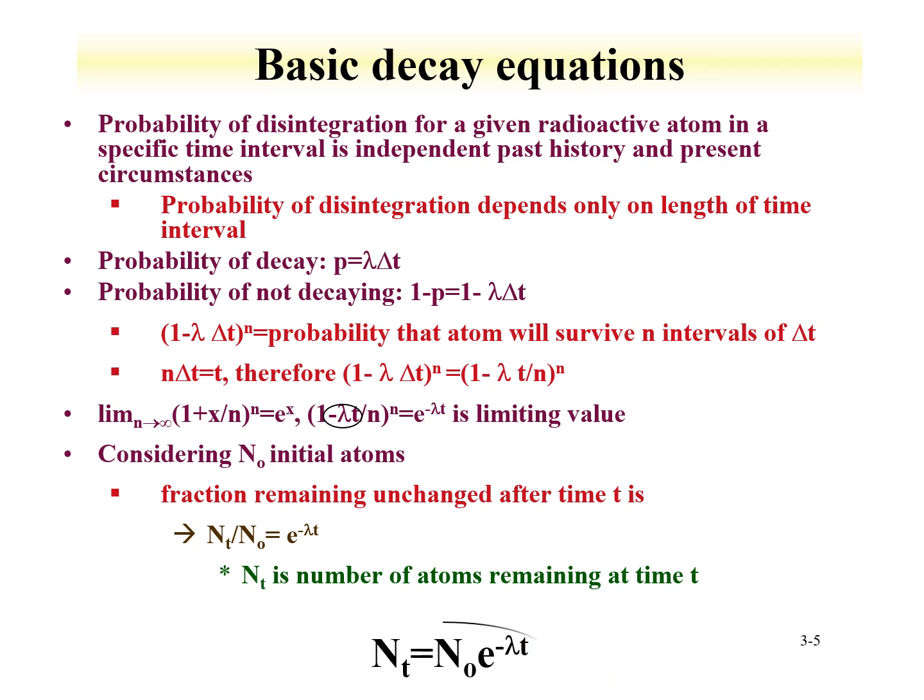So we have this important equation that we've already presented, and now we've derived it, where the number of initial atoms times e to the minus lambda t is equal to the number of atoms at time t. Now this could be used for moles, it could be used for mass, it can even be used for activity, since we know that activity equals lambda N.